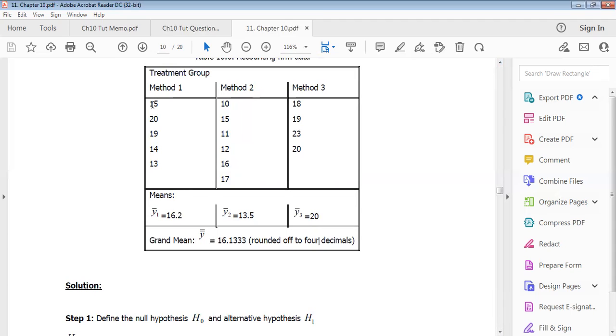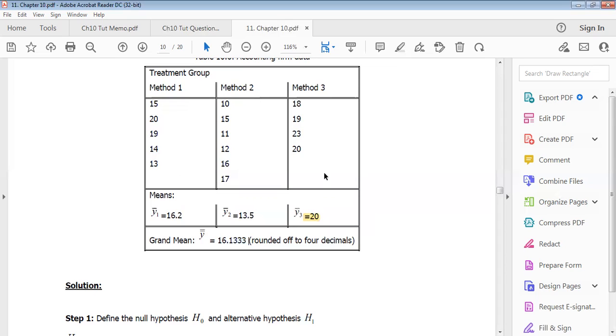The first mean is just adding these and dividing by the total. You add these values, you divide by the total. You add the other values, you divide by the total. So these are the means that they found. And your grand mean is adding everything and dividing by the total of everything that is given there.